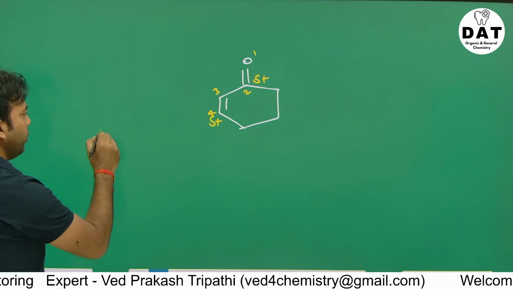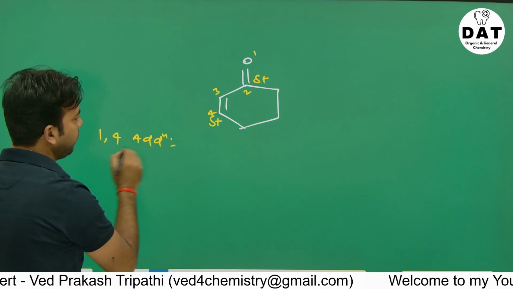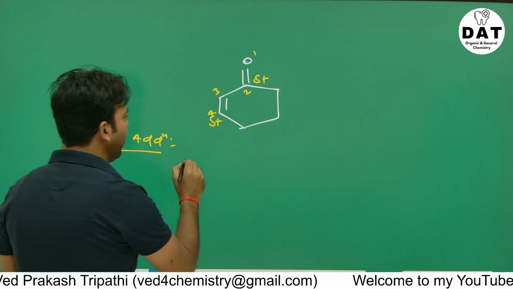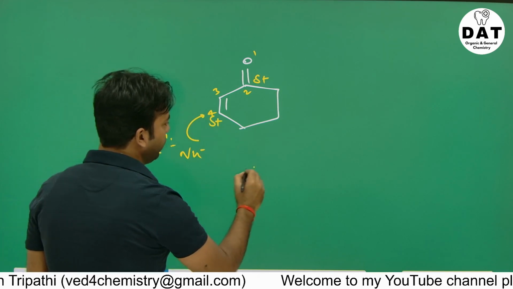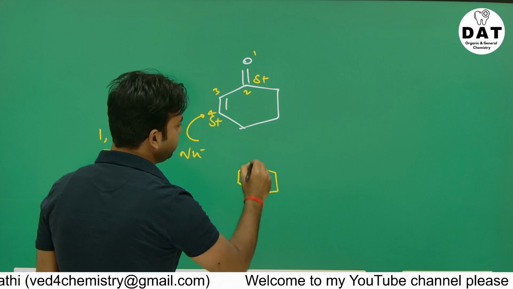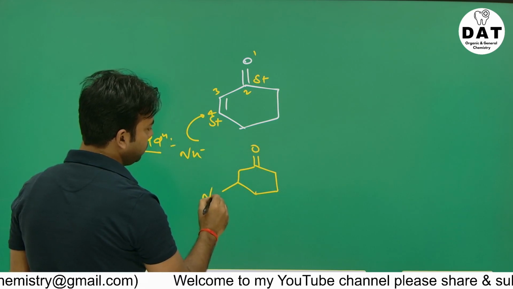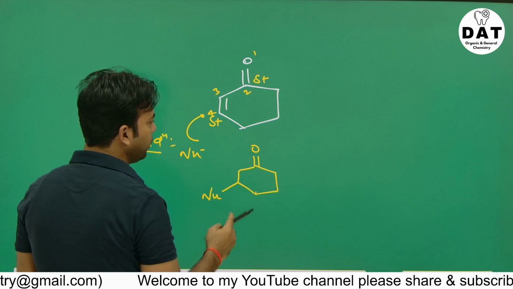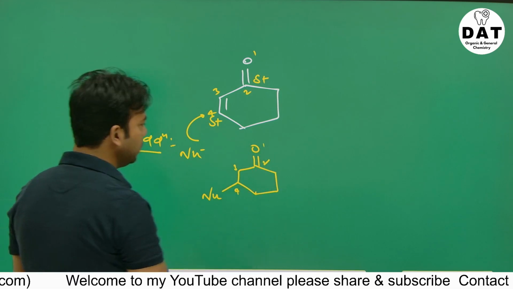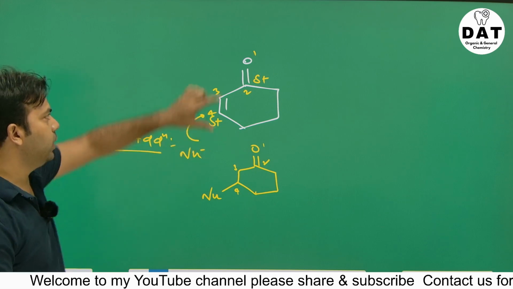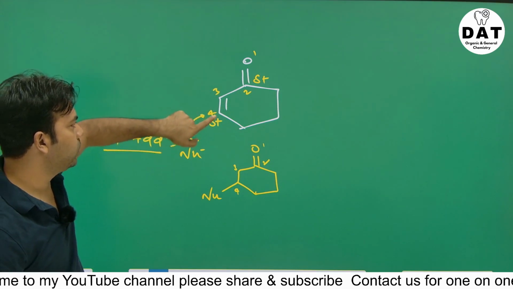Suppose I am talking about 1,4 addition. The nucleophile is going to attack on the 4th carbon, and the product will be this. You can mark numbering as well 1, 2, 3, 4. Clear? Do not change the carbonyl double bond. Always attack on the 4th carbon.